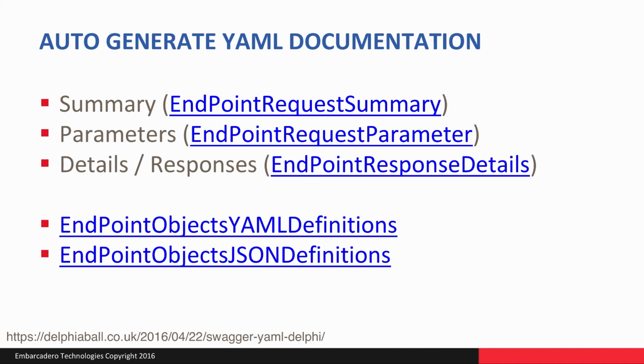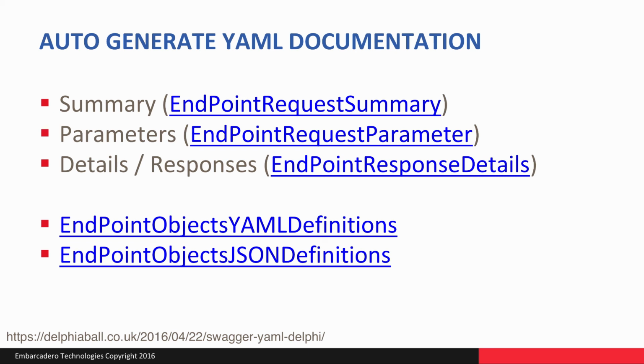Then there are the parameters, which you use to define the parameters available for the API. It's really important to declare those with specific attributes so that they become automatically discoverable through Swagger. And then finally, there are details and responses, so you can define what responses you're going to get from the API.